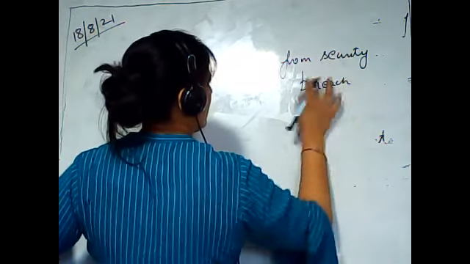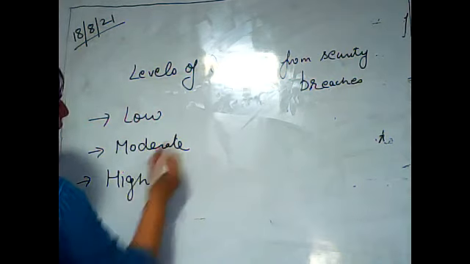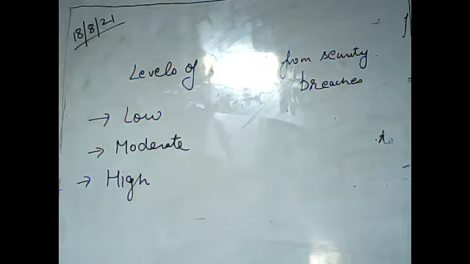According to the security point, we have a low impact, second is the moderate impact, and the third one is the high impact. Okay, low, moderate and high. Clear? So these are the three impact levels we have.